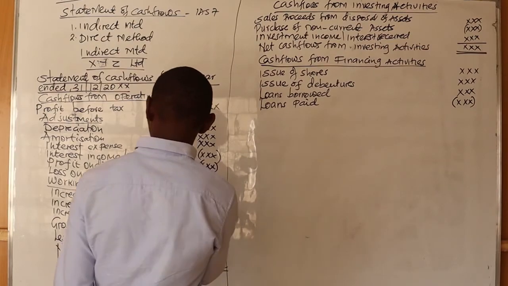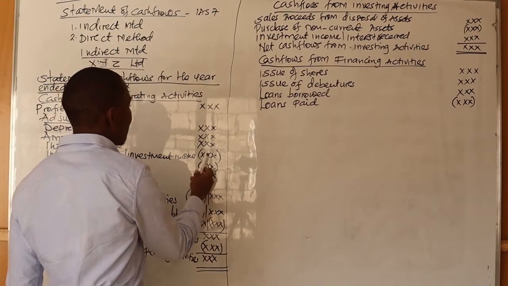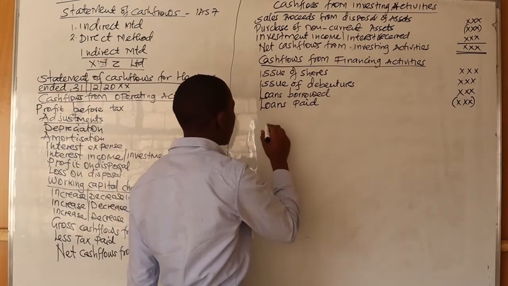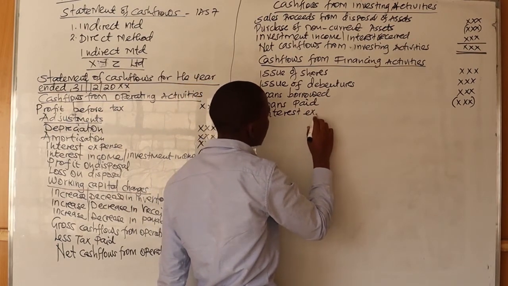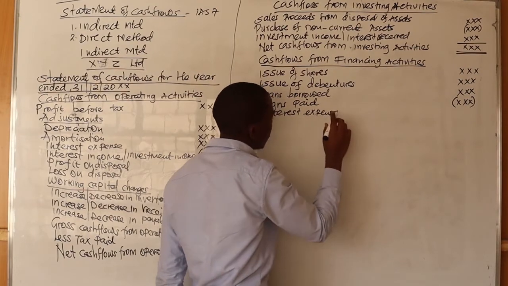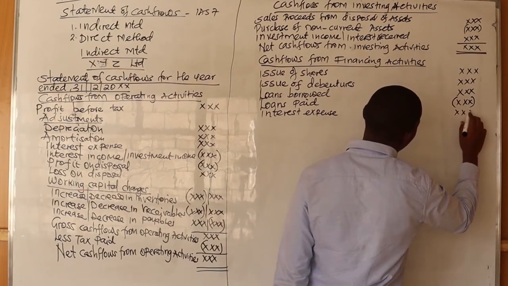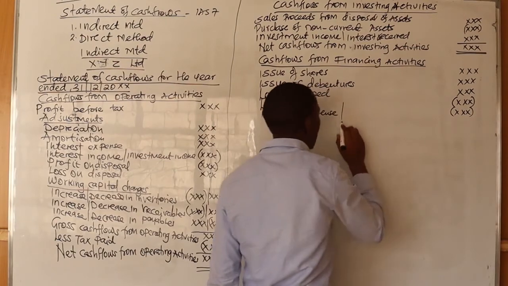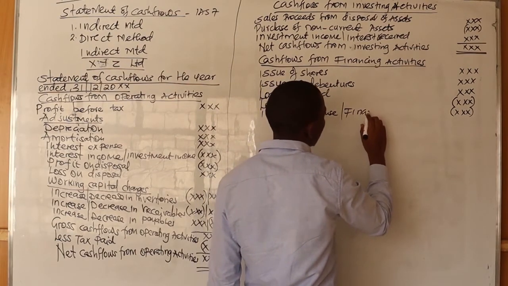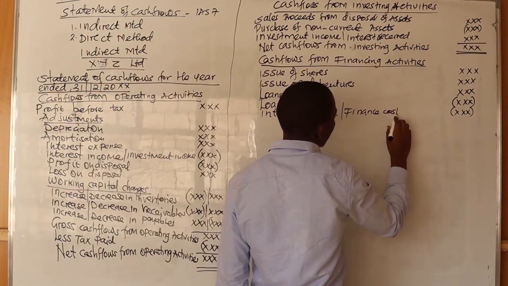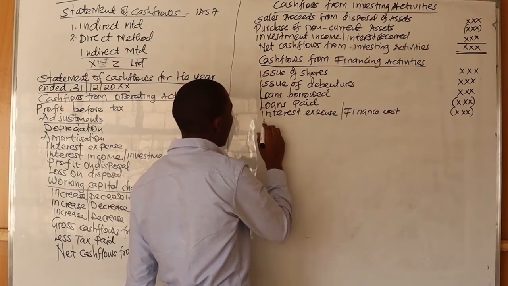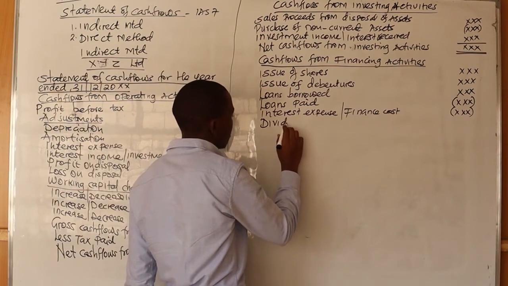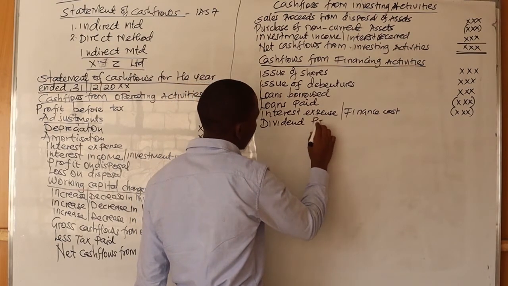Then there is this interest expense. Remember, it's an expense that will be incurred on the loans, and therefore you will also less the interest expense from there. My interest expense can also be the finance cost. And then the last one is the dividend paid.